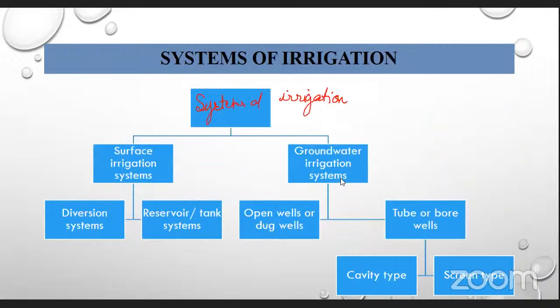Then we have the system of irrigation, meaning how we are going to arrange or classify the system of irrigation in India.